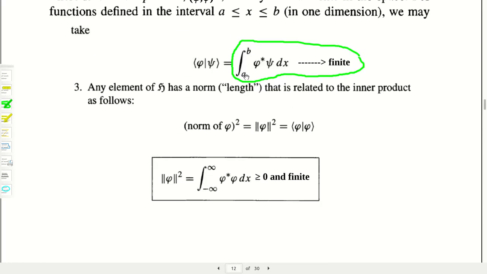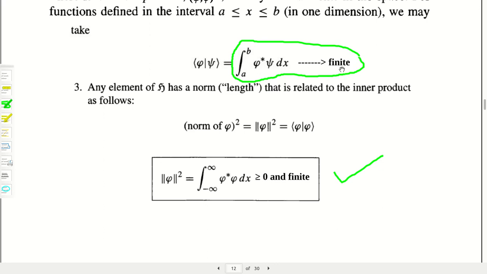See what a beautiful thing you can compare with the vector idea. Say you are taking the inner product of two vectors, that is the scalar product, a vector dot b vector. It may be negative, it may be positive, or it may be 0 if they are orthogonal to each other. So it is finite. It resembles the idea of the vector dot product, that it is finite.